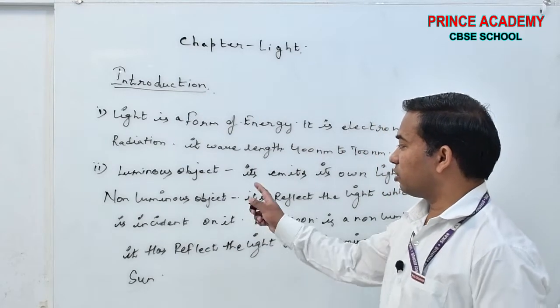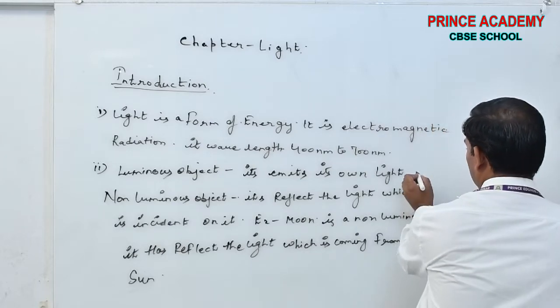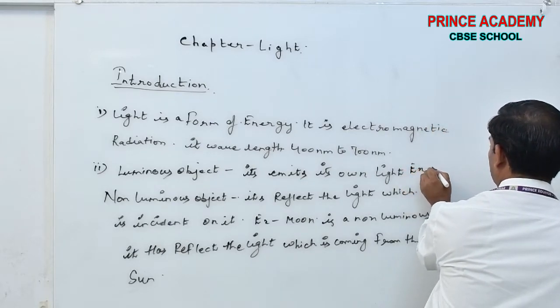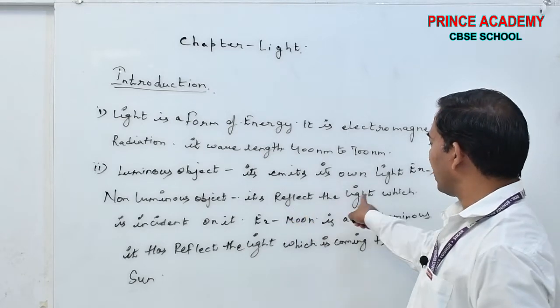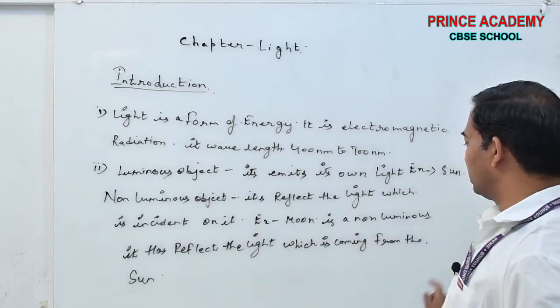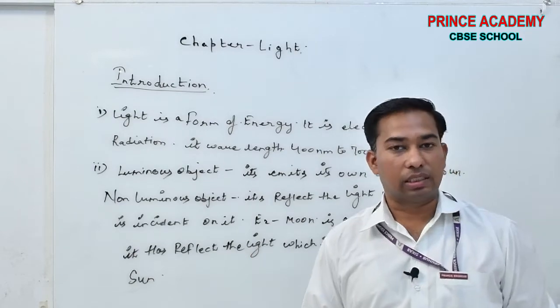Here is the classification of objects: a luminous object emits its own light, for example the sun, and a non-luminous object reflects the light which is incident on it. The moon is non-luminous; it reflects the light which is coming from the sun.